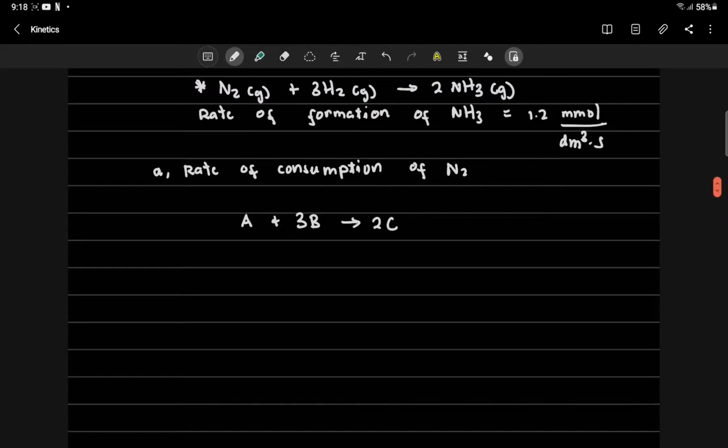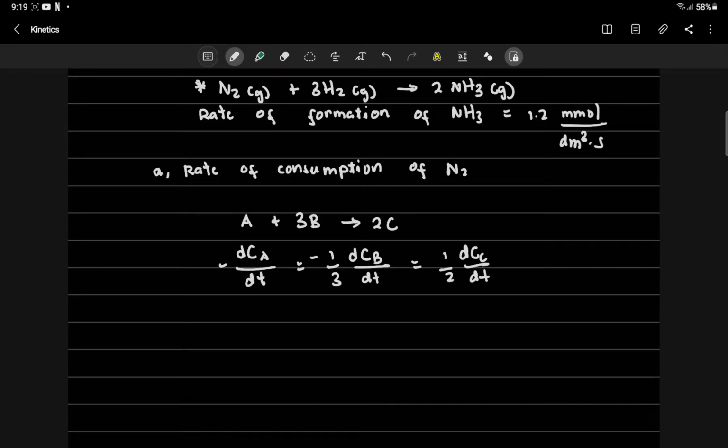We have the rate of consumption of A with respect to time, and this will be negative because it's a reactant, and this will be equal to 1 over 3 times the rate of the consumption also of B with respect to time, which also receives a negative sign, and we will equate this also with 1 over 2 the rate of formation of C with respect to time, positive.